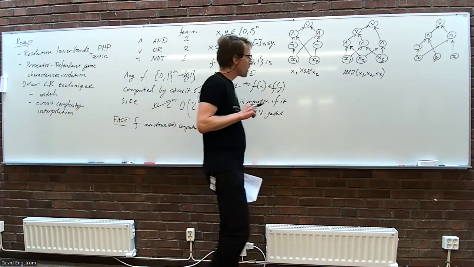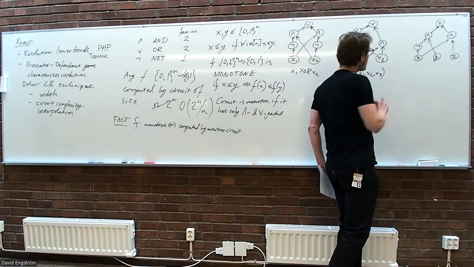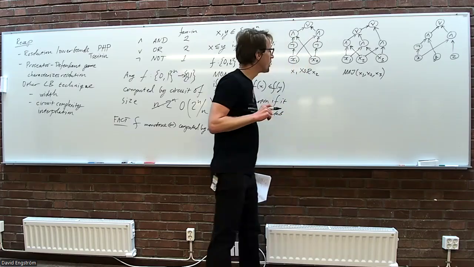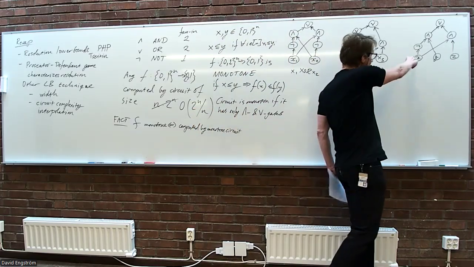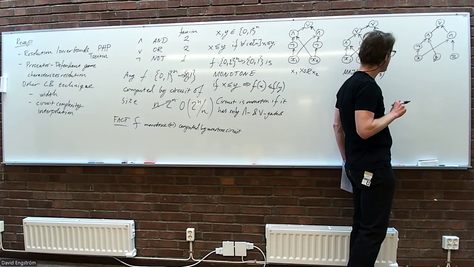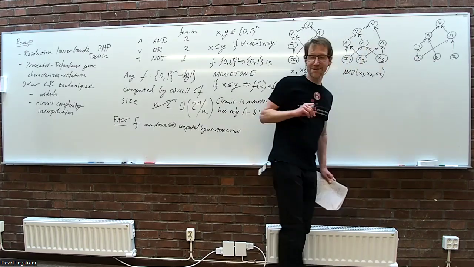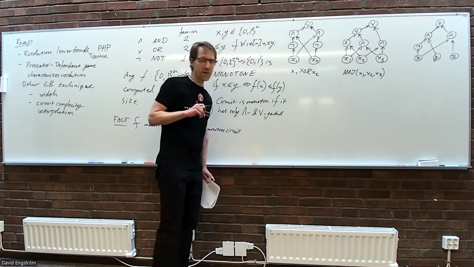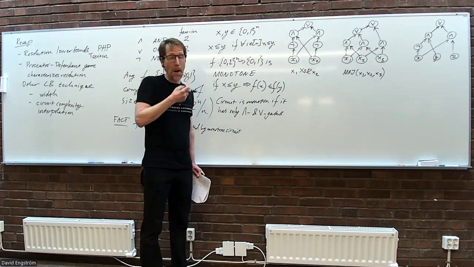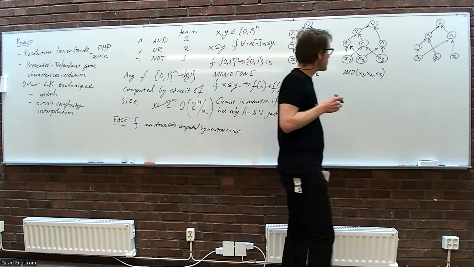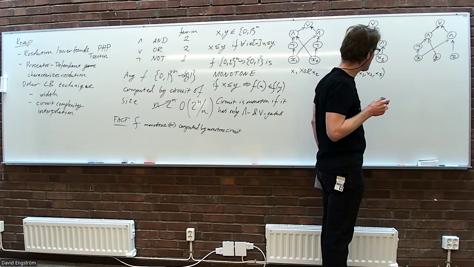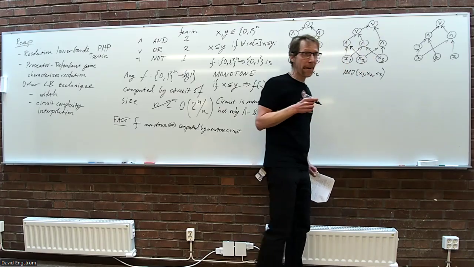Okay. The third function that we're going to talk about today is this one over here. And just because it's boring if I do all the talking, can anyone tell me what this function is? It's a multiplexer. Multiplexer. Yes. So what is it computing?